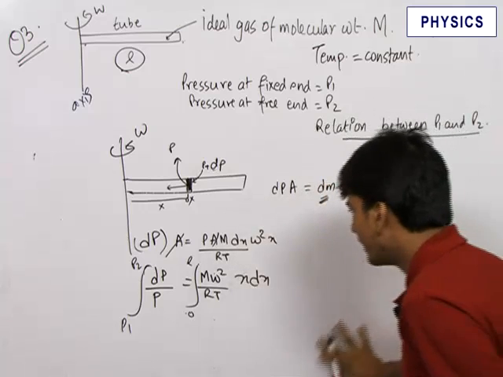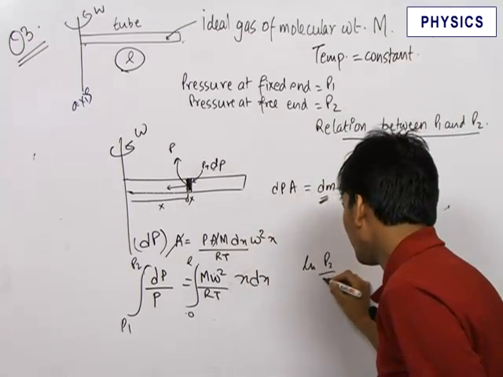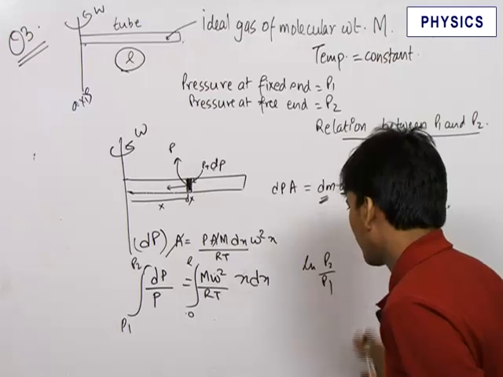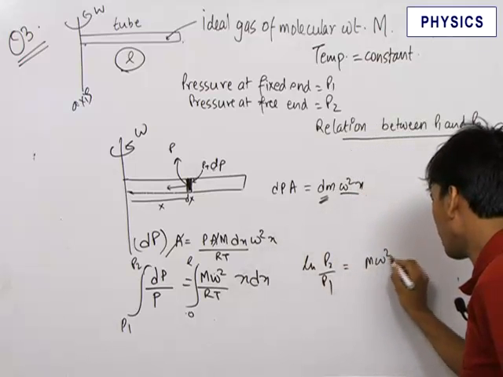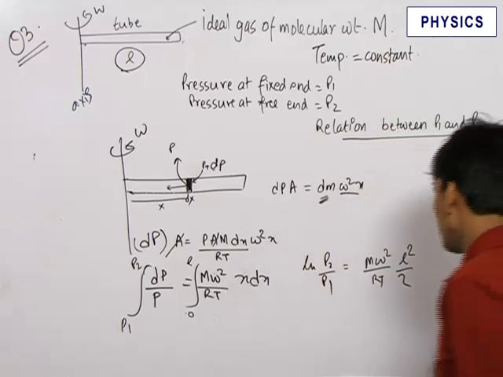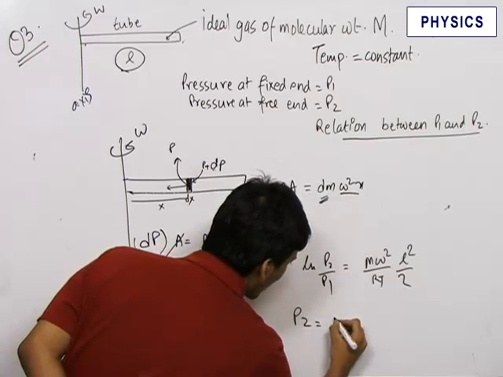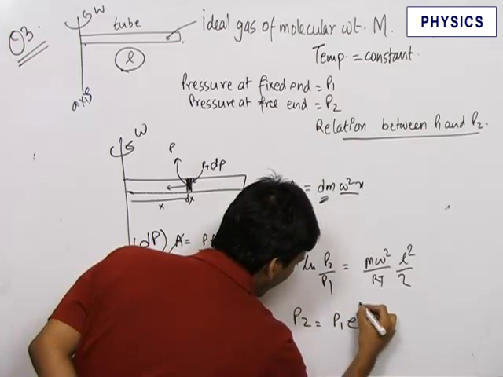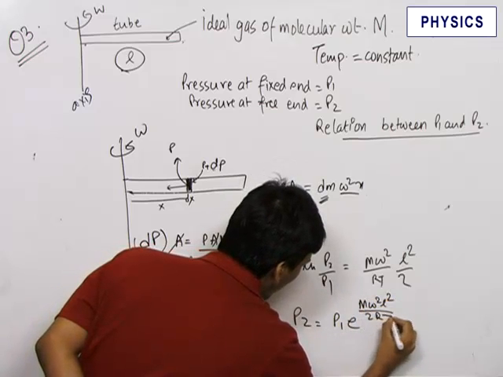On solving this we get ln of P2 upon P1 is equal to M omega square upon RT into L square by 2. Therefore we can write P2 is equal to P1 into e to the power M omega square L square upon 2RT.